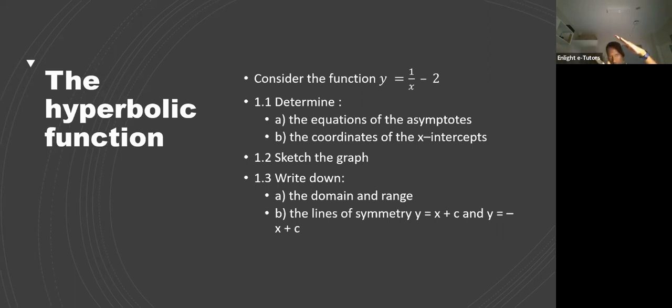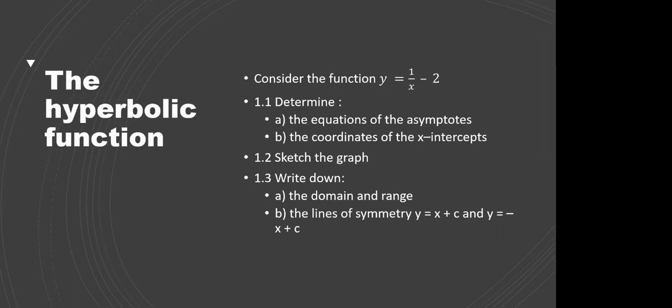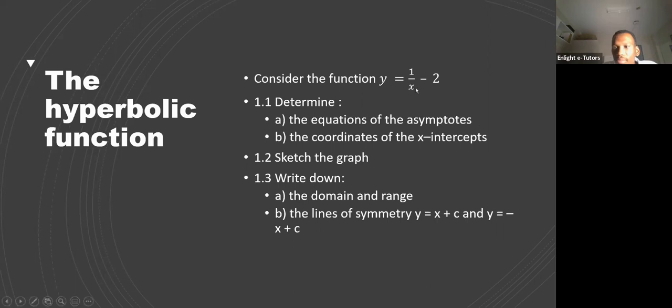You remember? I do remember. Now, they gave you exactly this: y is equal to 1 over x minus 2. And now they said, determine the equation of the asymptotes.